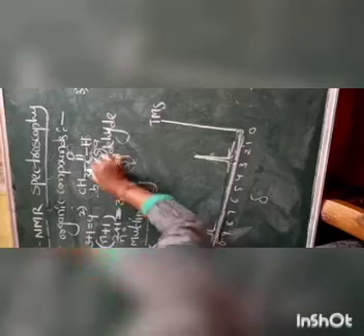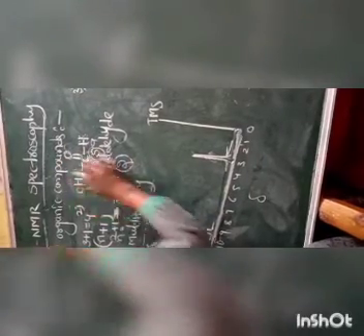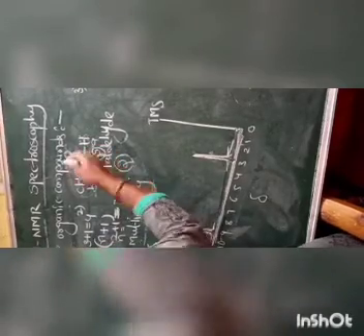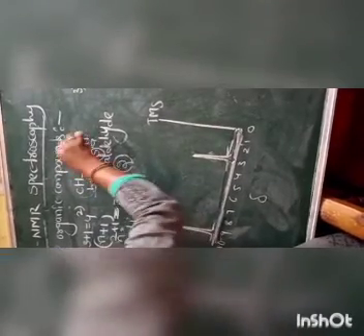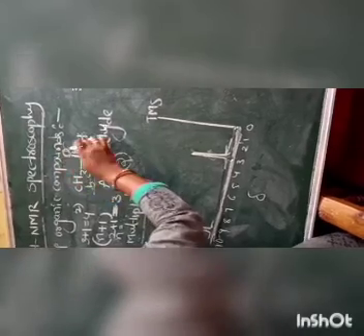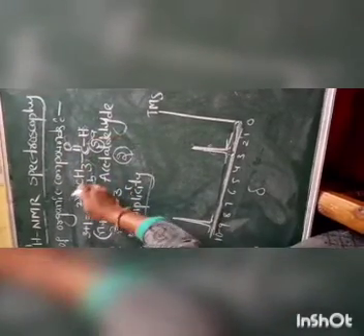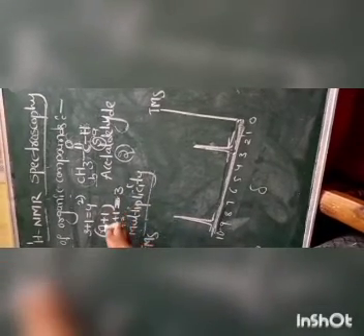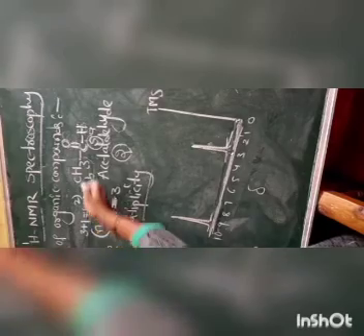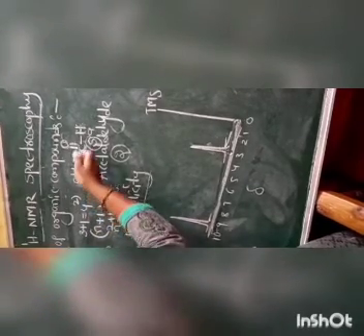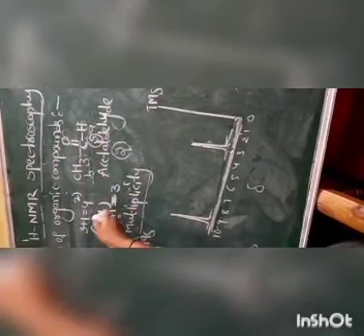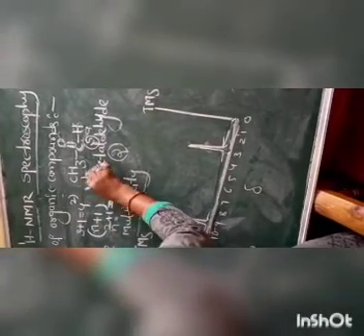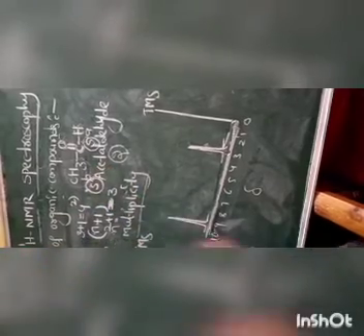For these protons, neighboring protons are absent because if a C double bond O group is present in a molecule, we do not consider the neighboring protons for the reference protons. So already we know that according to the n+1 rule, n is equal to the number of neighboring protons, right? For this B type of protons, neighboring protons are absent. It means 0 plus 1 is equal to only 1.